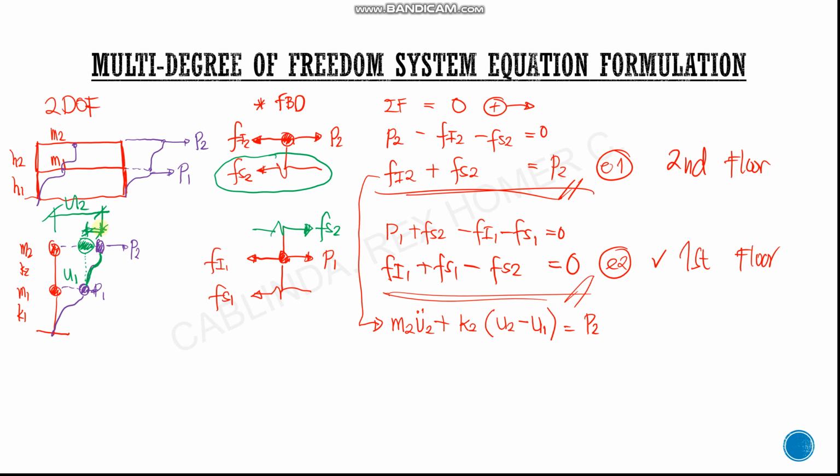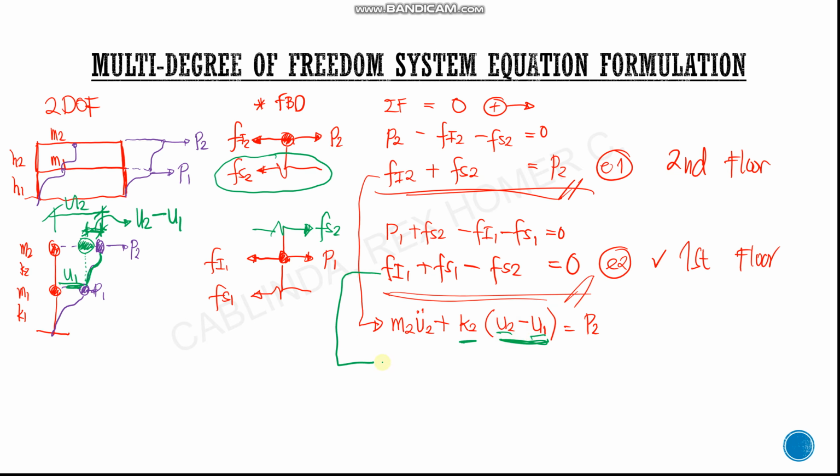How much is that deformation? That is the total deformation of the second floor minus the deformation of the first floor. That's the length. That's why our Fs2 is the stiffness times the difference of the deformation of the second floor and the first floor.